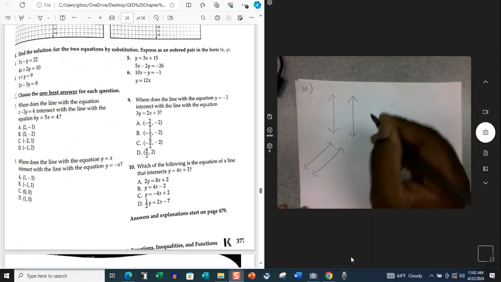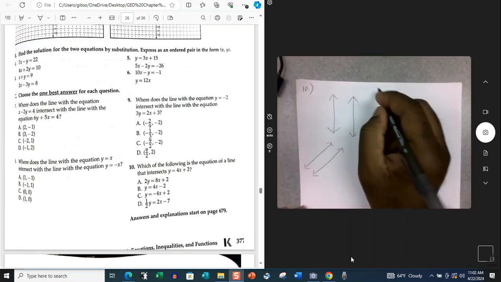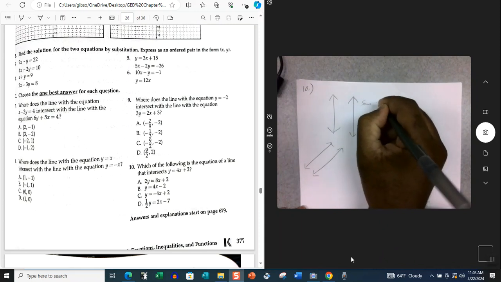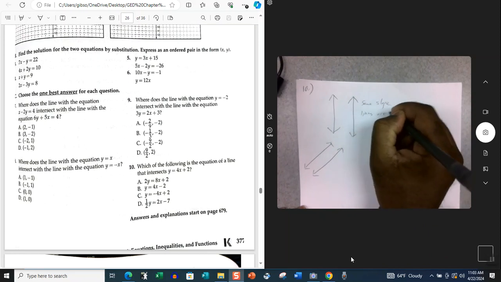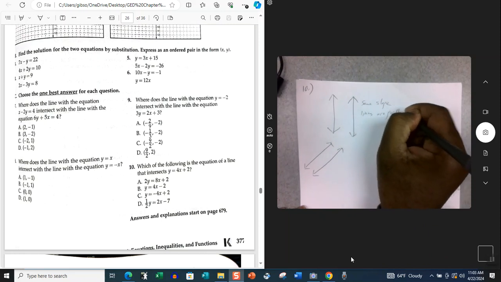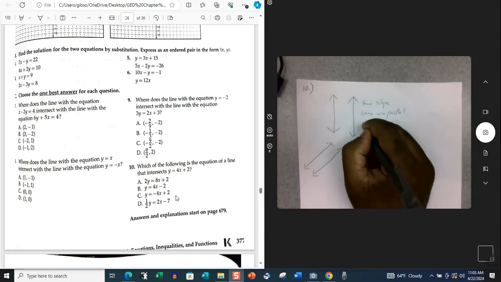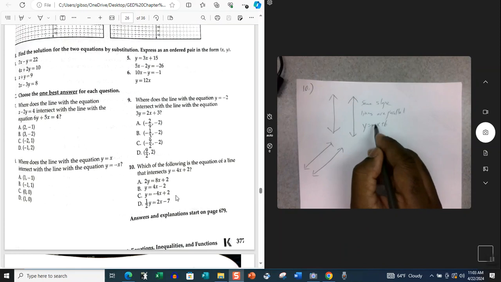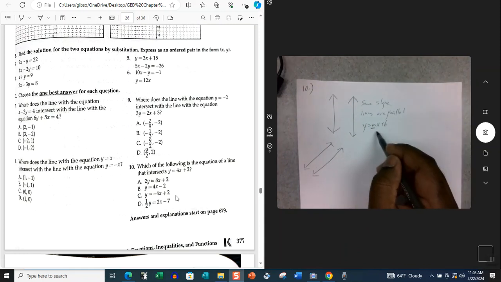Now here is one thing you need to know about parallel lines. Parallel lines have the same slope. So if they have the same slope, the lines are parallel. Now in this case, for number 10, remember we did y equals mx plus b. When you get y by itself, the number that's connected to x by multiplication is the slope.